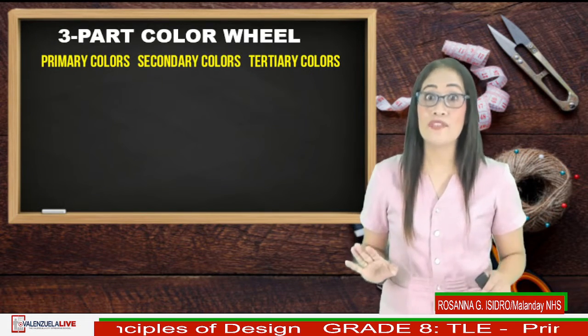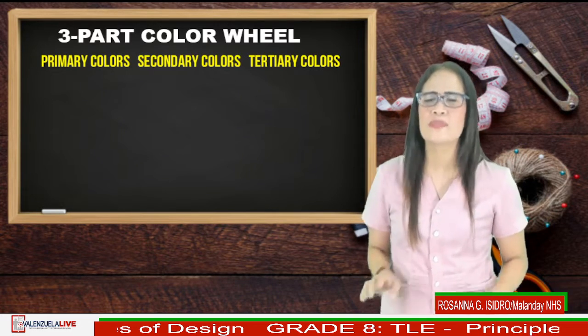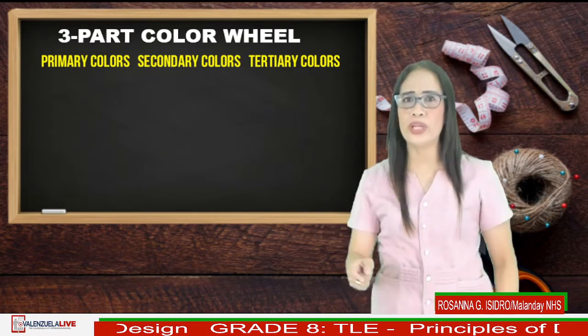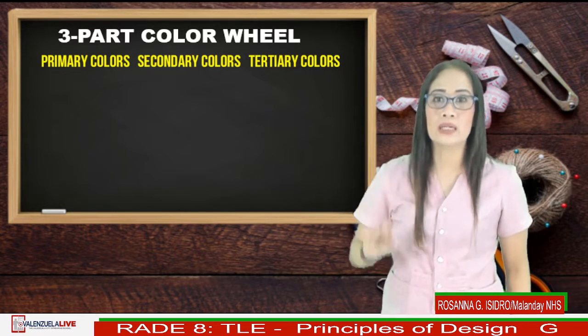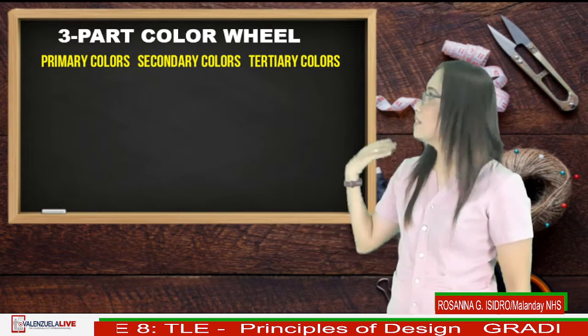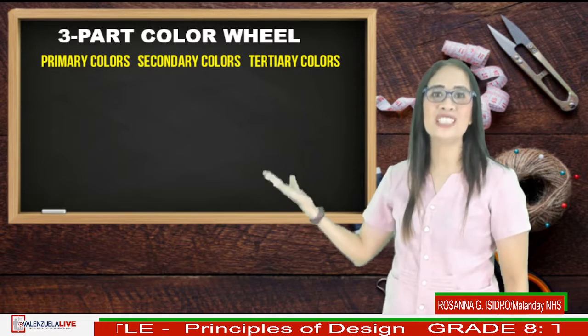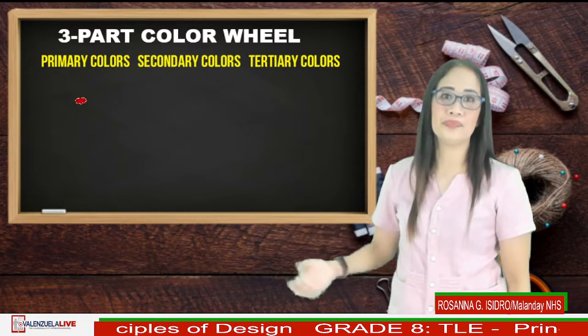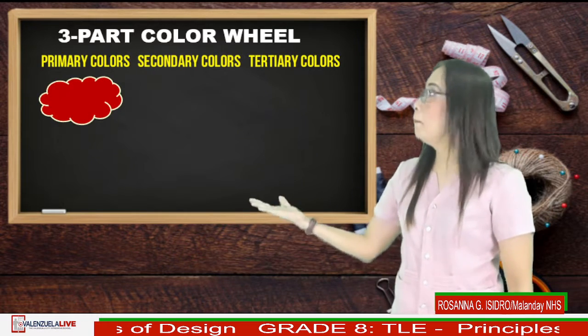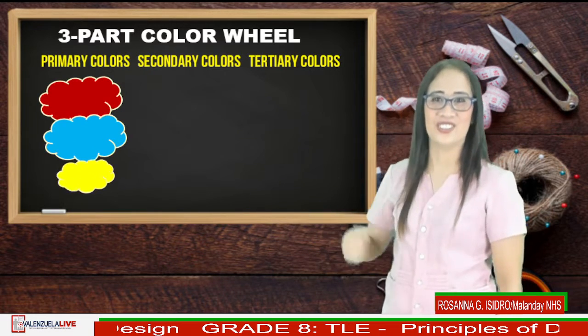There are also definitions or categories of colors based on the color wheel. We begin with a three-part color wheel: primary colors, secondary colors, and tertiary colors. Primary colors are red, blue, and yellow.